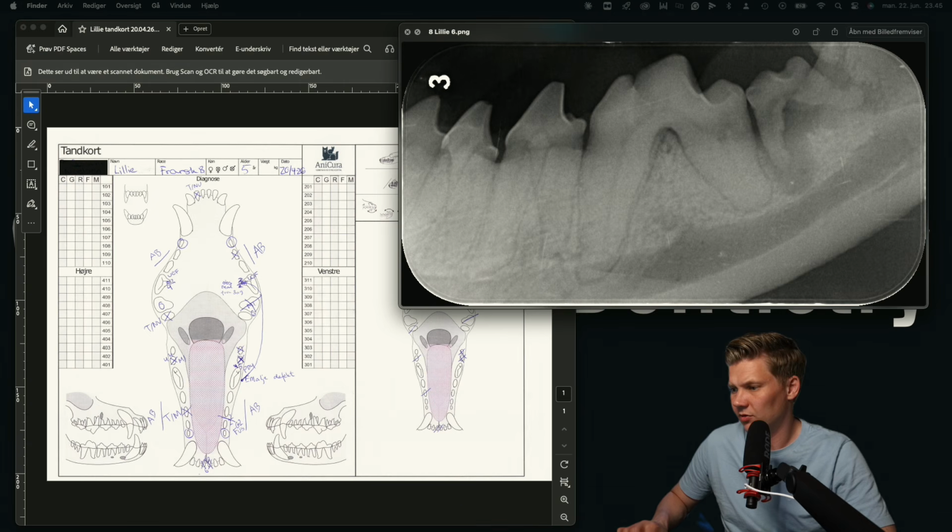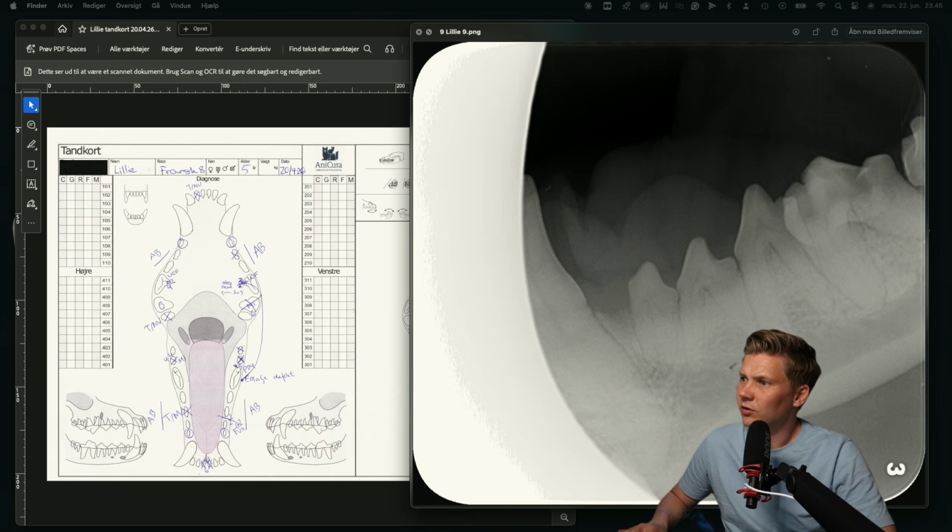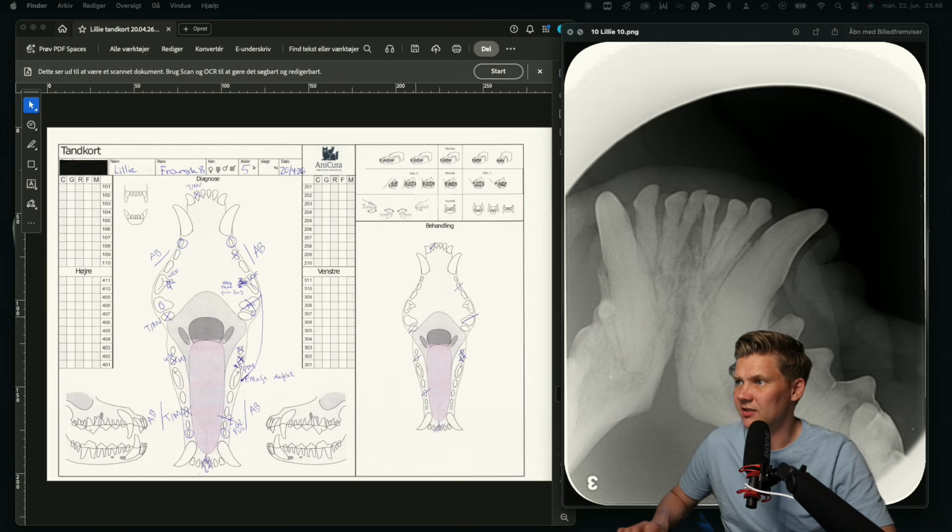So let's have a look if we can see it. Yeah, and the fusion is right here. So you have these two roots that are kind of fused together, but it's not causing any issues at the moment. We don't see any periapical lucency, we don't see any bone loss here, and I didn't find anything by my clinical examination. So these teeth can stay.